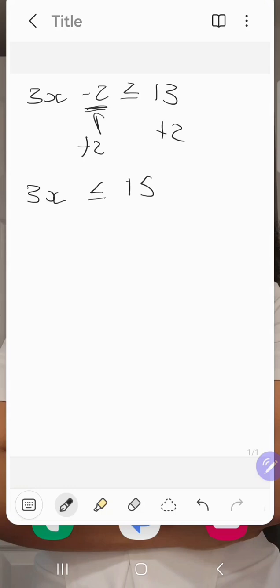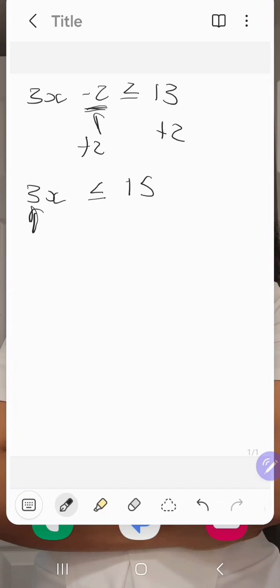Now we have 3x is less than or equal to 15. 3 right now is our coefficient, so we want to get the inequality to have x on one side. We see that x is being multiplied by 3, so we are going to divide by 3.